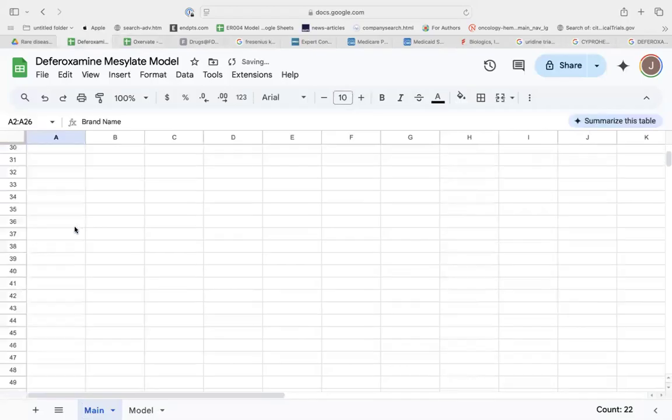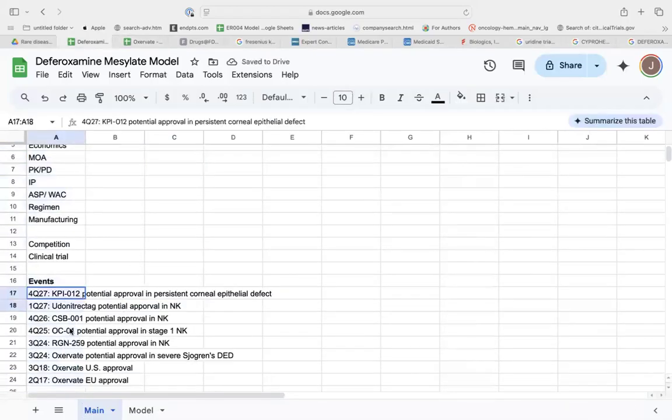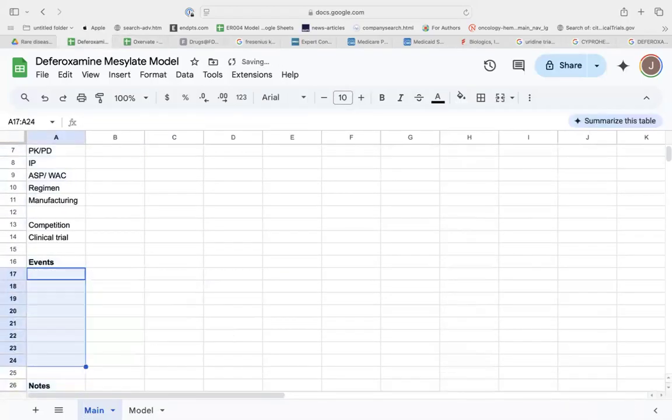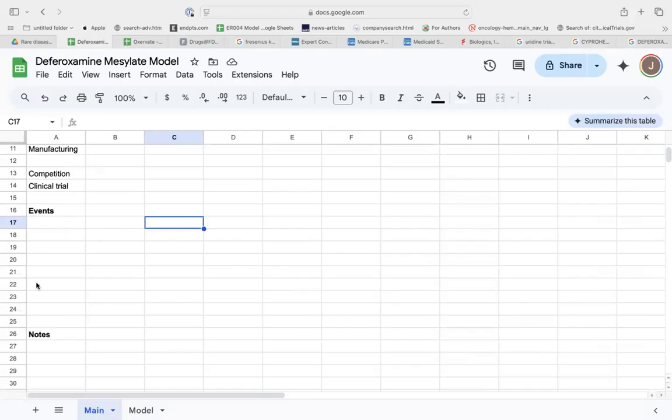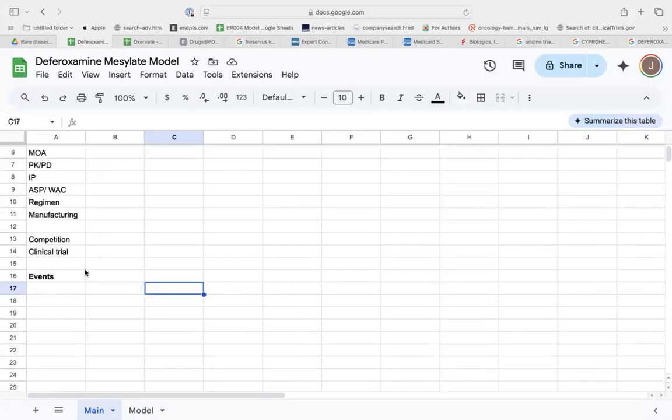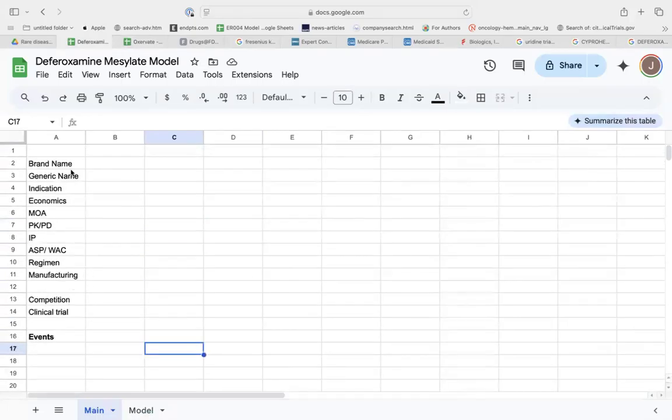So just paste it over here, take out any notes. If you don't have an existing model, all of the row categories are here for you. You have events, notes, clinical trial, competition.